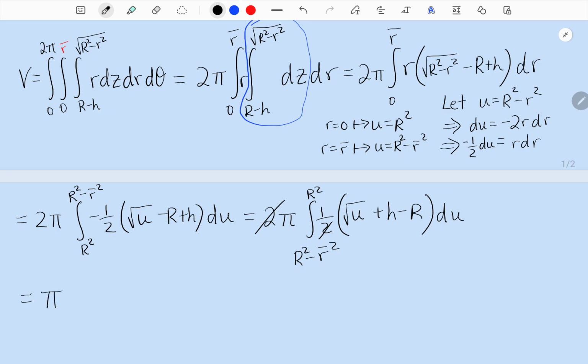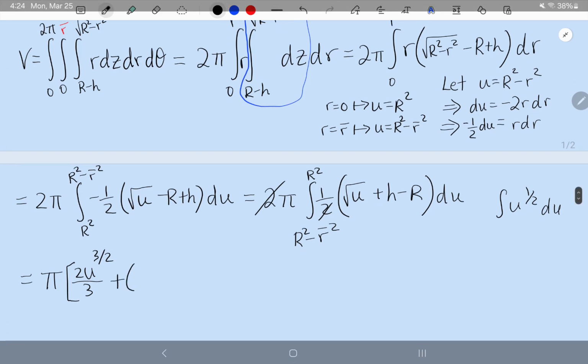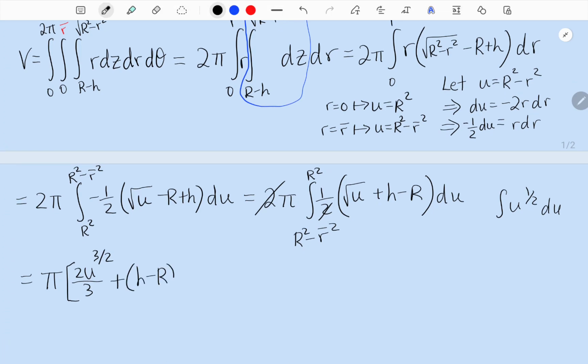So now if I integrate the square root of u, which is u to the 1/2, you just add 1 to the exponent, so it's going to be u to the 3/2 divided by 3/2, which is the same thing as multiplying by 2/3, and then plus h minus R is a constant, so I'll group them together: h minus R times u. u goes from R squared minus r bar squared to R squared.